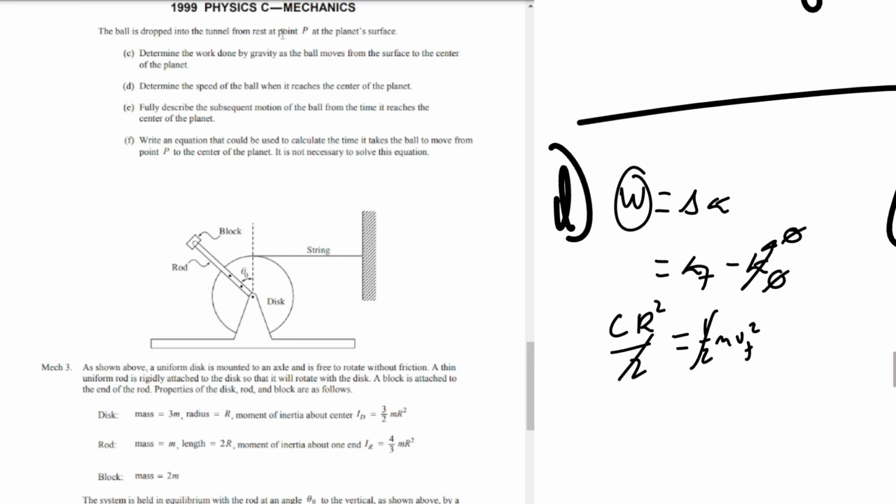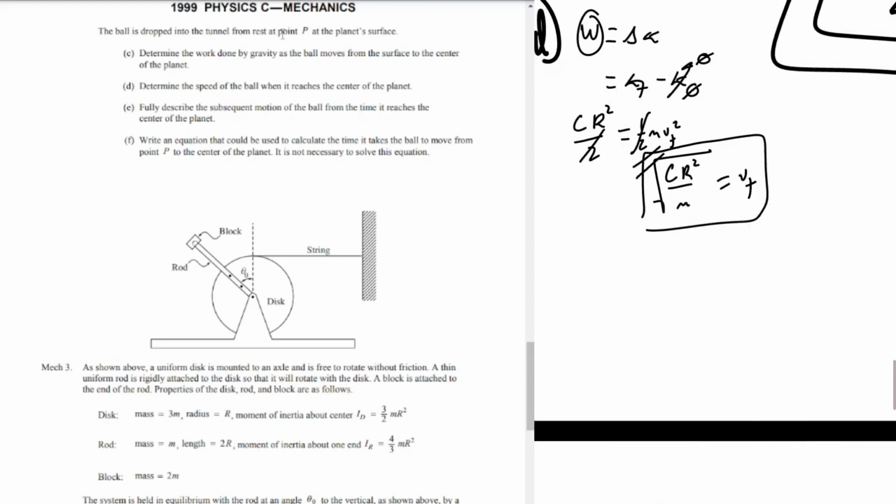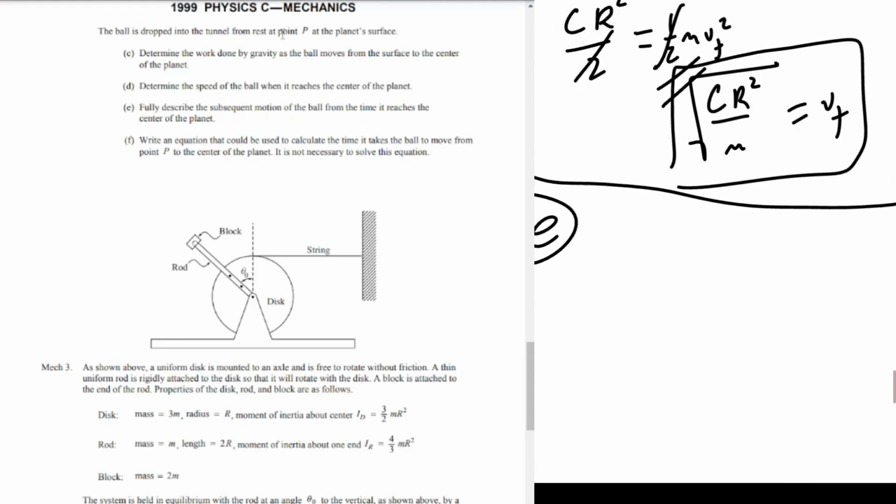We have 1/2 on both sides, so we're going to cancel that and solve for V final squared. So CR squared divided by M, take the square root, gives me V final. That's done, right?